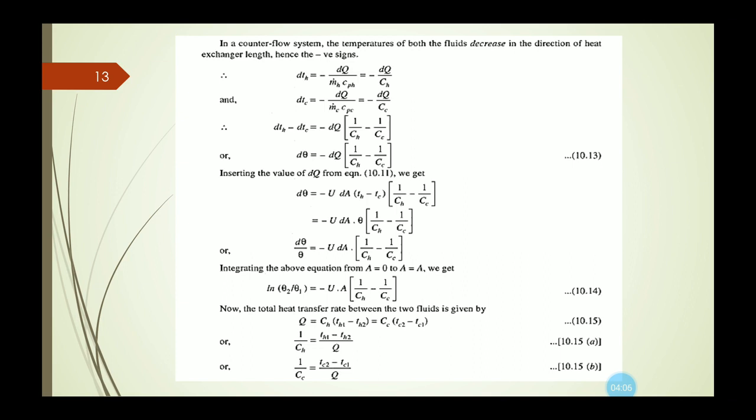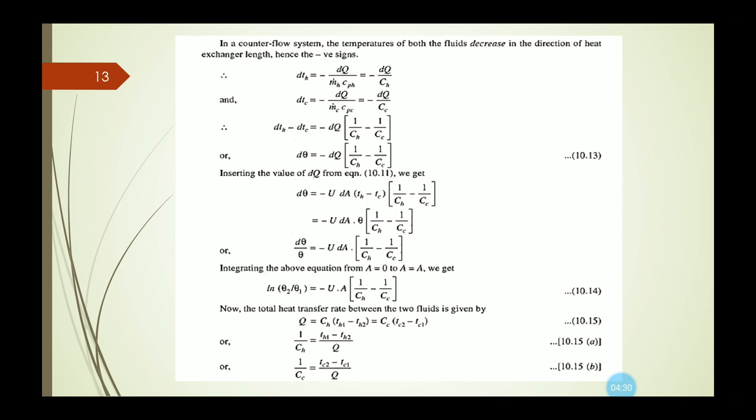Now in this counter flow system, the temperatures of both the fluids decrease in the direction of heat exchanger length, that is, the negative sign will be there. So as per our concept of the counter flow, we know that the two fluids, the hot fluid and cold fluid, flow in the opposite direction.